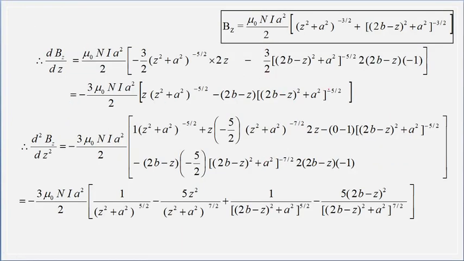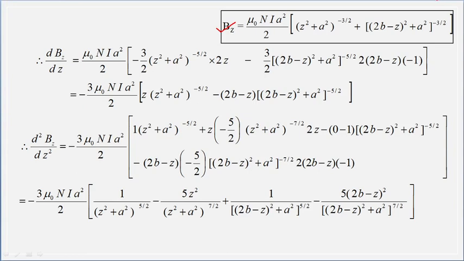This formula we derived in the previous slide. Now we differentiate dBz by dz, because Bz is a function of Z. Mu naught N I A square divided by 2 is a constant, so it comes out as a constant multiple.